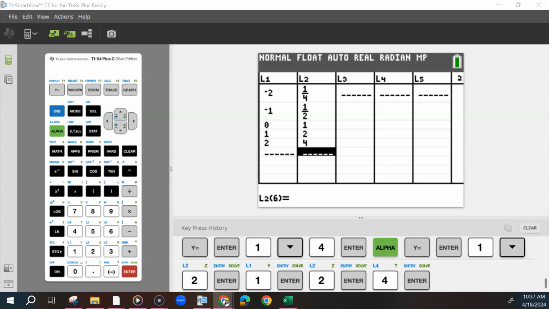What's happening each time? Multiplied by 2. As we do some examples later, recognizing the patterns is going to help you figure out which one this is.